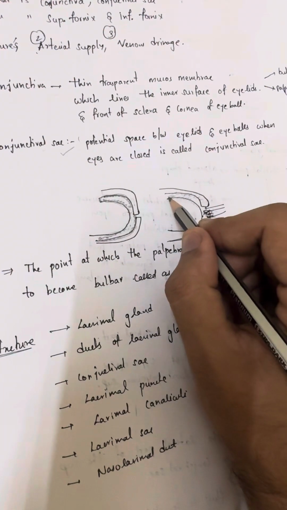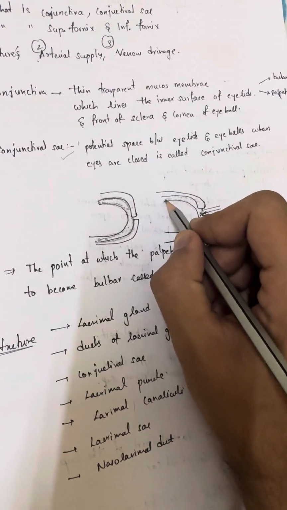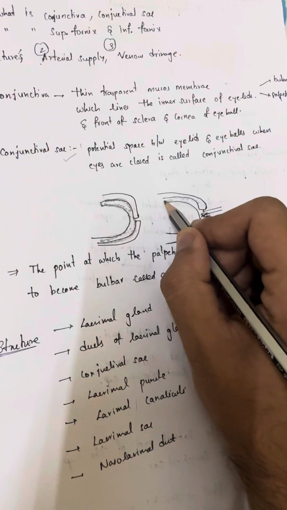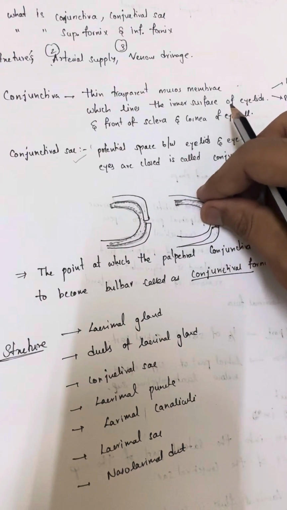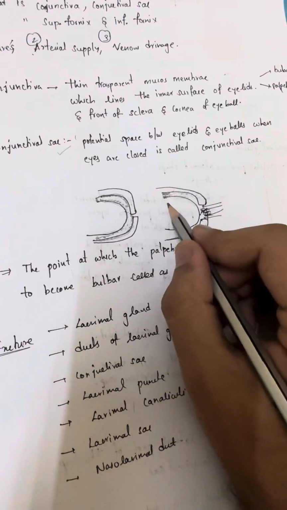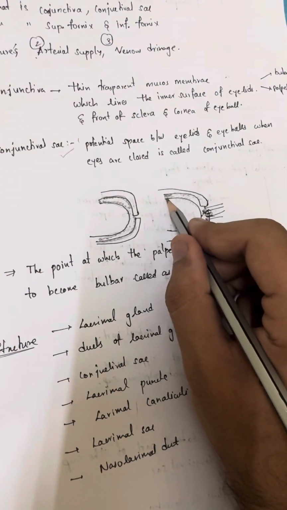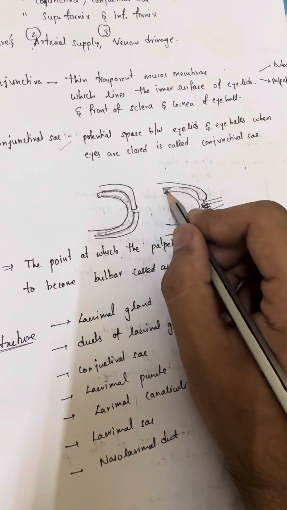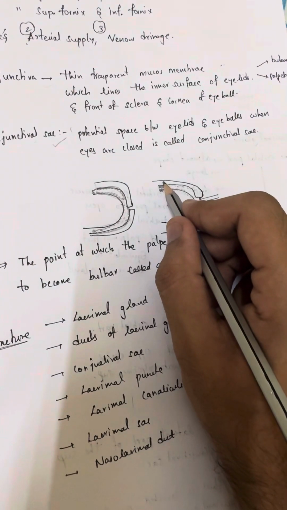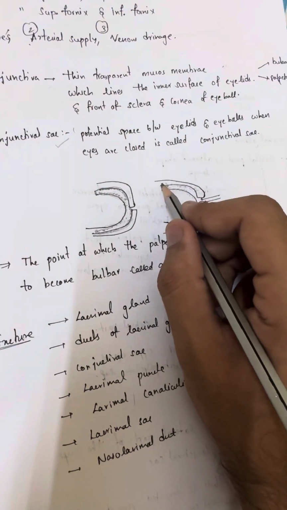When we reflect this eyelid, we can appreciate the demarcation from the bulbar conjunctiva to the palpebral conjunctiva.